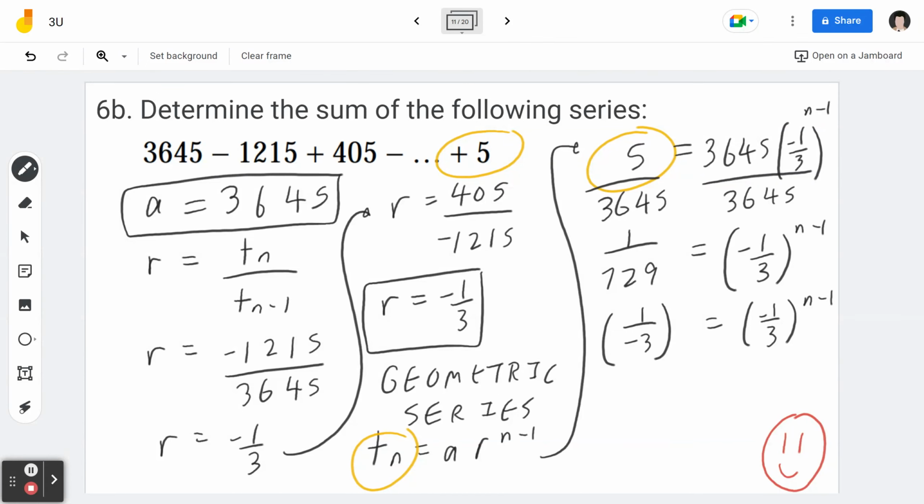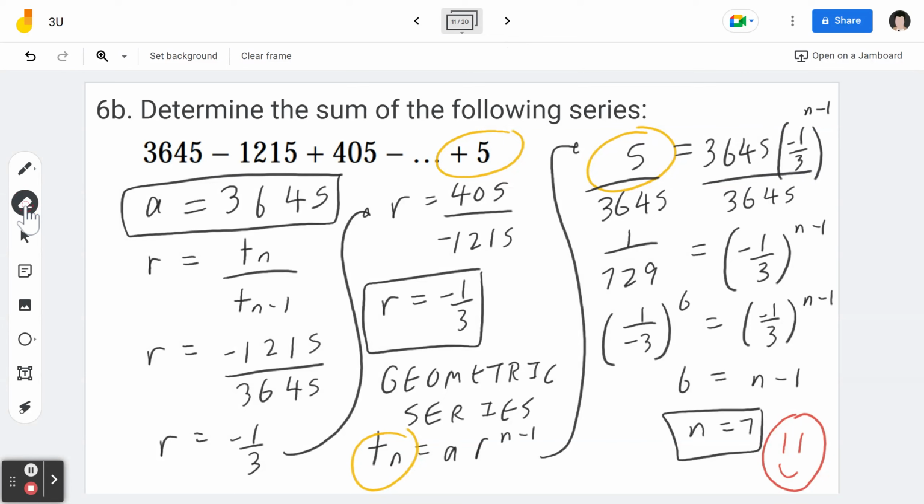If you look at this, not negative, sorry, I meant an even number, because on the left-hand side, you get positive 1 divided by 729. So a positive, I should say even, number is probably what you're looking at. So let's be clear, in one sentence, if you take 1 divided by negative 3 in brackets to the power of 6, that will give you exactly 1 over 729. Again, this means when you have the same base, you equate the exponents, and n is going to be 7.